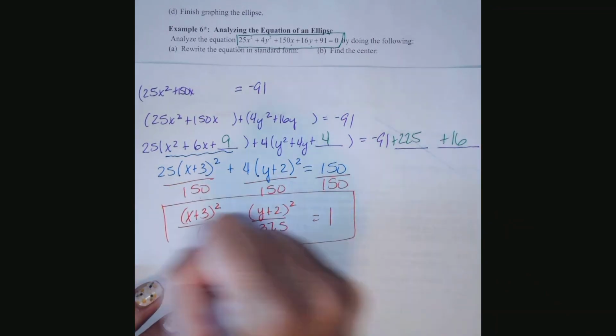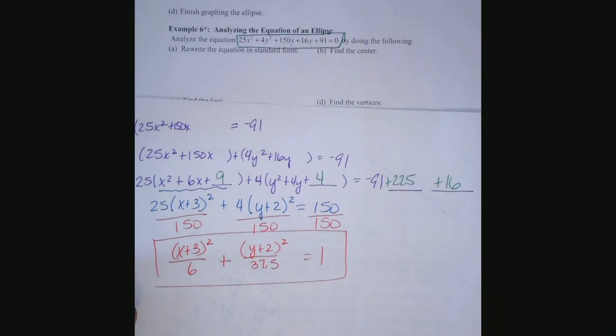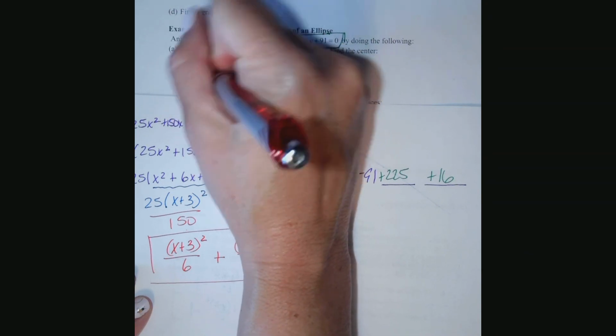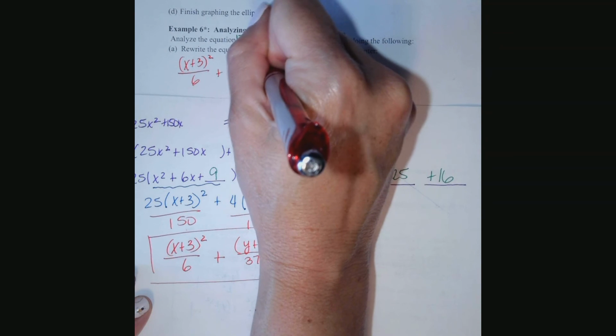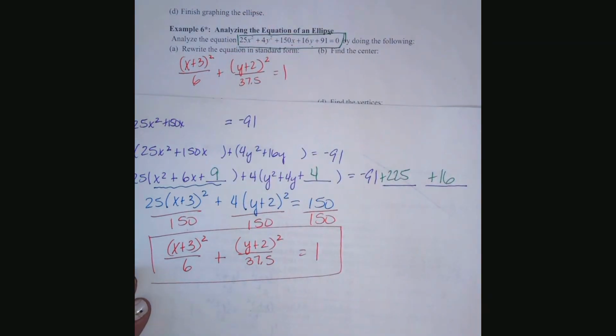That's the equation of my ellipse. So I'm going to write it in standard form here so we can work with it: x plus 3 quantity squared over 6 plus y plus 2 quantity squared over 37.5 is equal to 1. There's my equation in standard form.